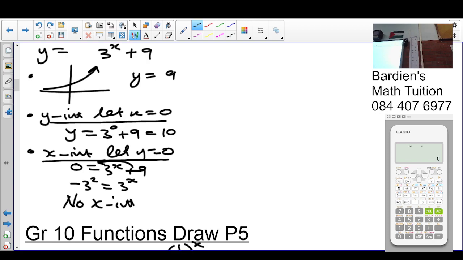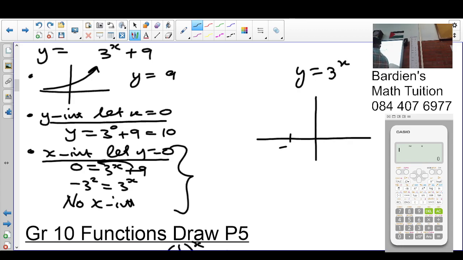For those of you who don't see that, if you're looking at the graph y is equal to 3 raised to the exponent x, and I drew this graph, we go minus 1, 0, and 1. Minus 1 gives you a third, 0 gives you 1, and 1 gives you 3. Can you see here? Does this graph cut the x-axis?